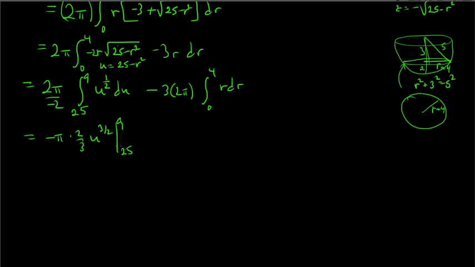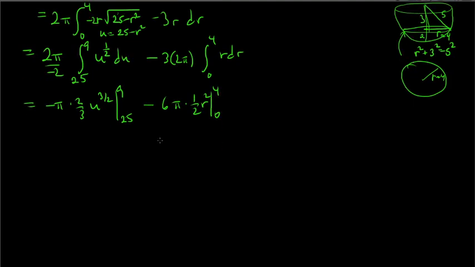And you can see the negative will make it a positive here. Minus 6 pi times 1/2 r squared evaluated between 0 and 4. Okay. So let's just make this positive 2 pi over 3.